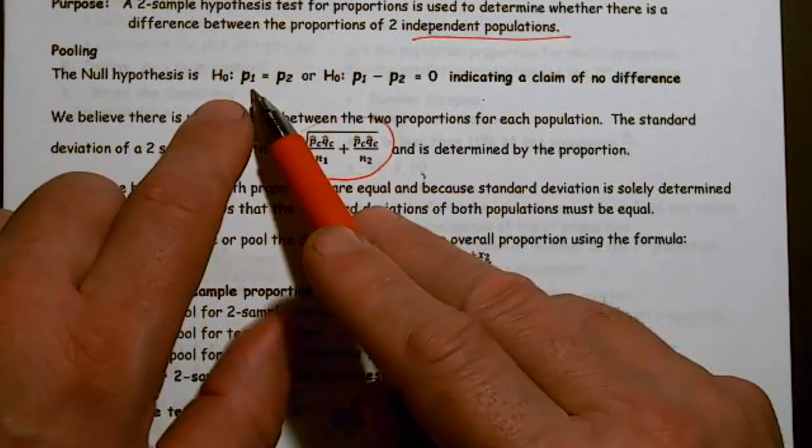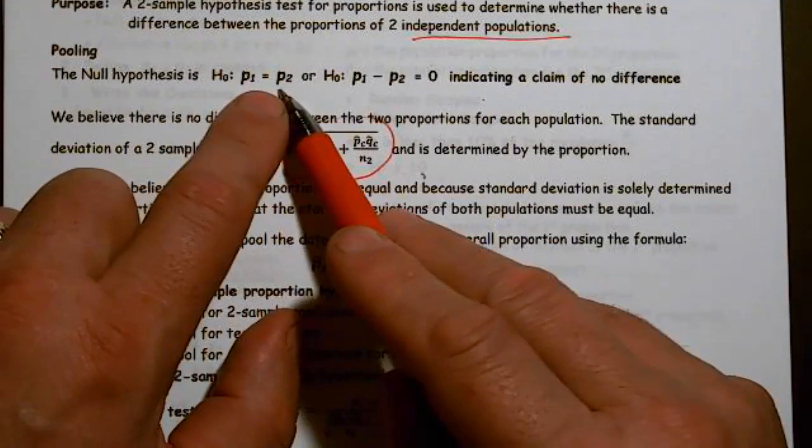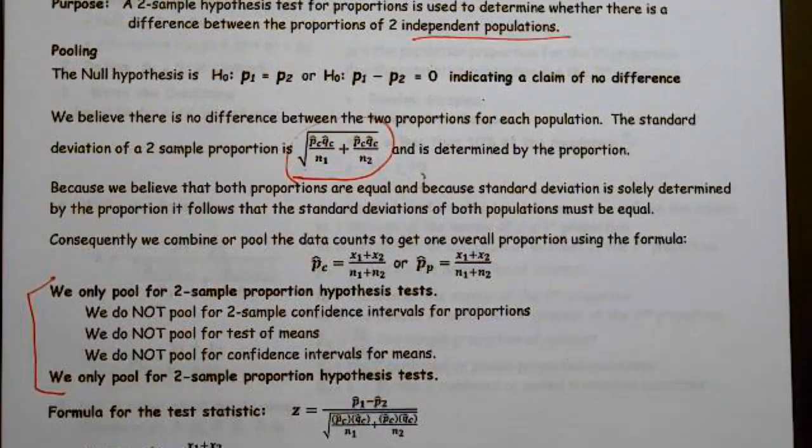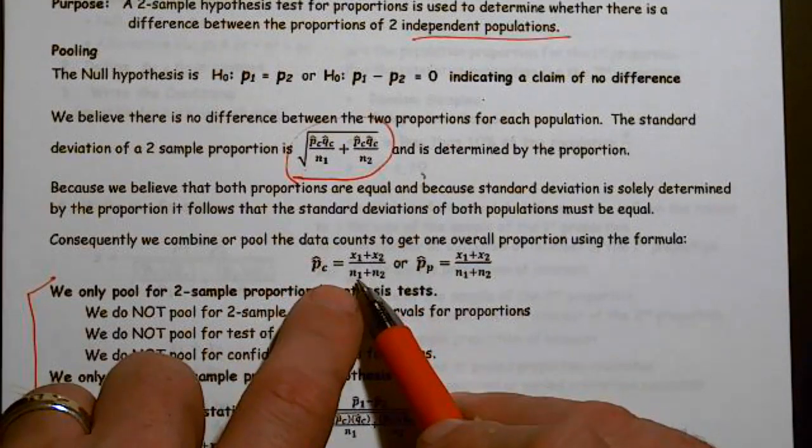The reason is because we believe that these two proportions are equal. Because they're equal, we know that if we increase our sample size, we decrease the amount of variation, and if we decrease the amount of variation, we have more accurate results. So we combine our sample sizes.